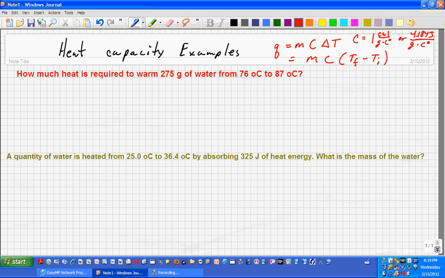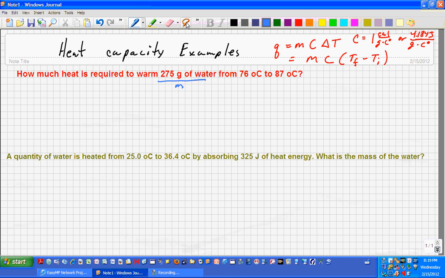First, calculate how much heat is required to warm 275 grams of water from 76 degrees Celsius to 87 degrees Celsius. So what we've got is 275 grams of water. That's our mass. Water is our material, so we're either going to use 1 calorie per gram degree Celsius or 4.184 joules per gram degree Celsius.